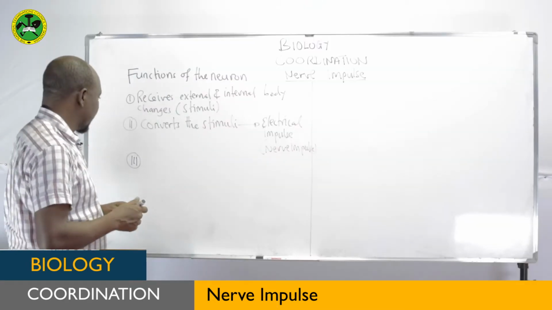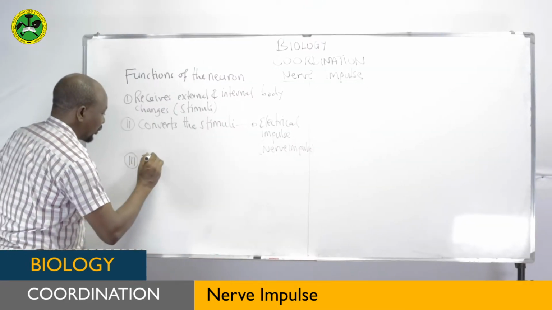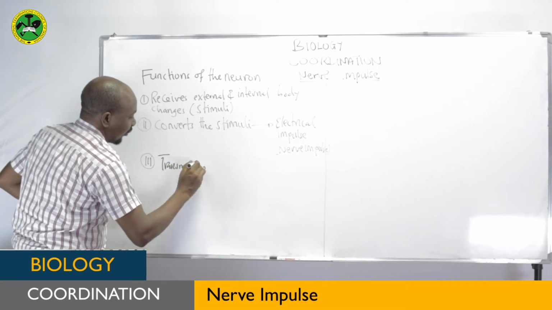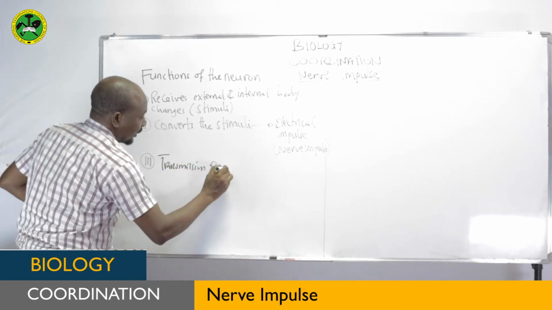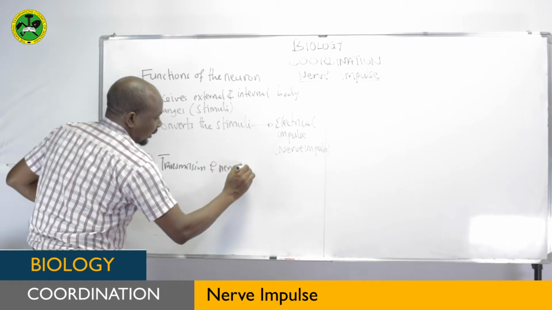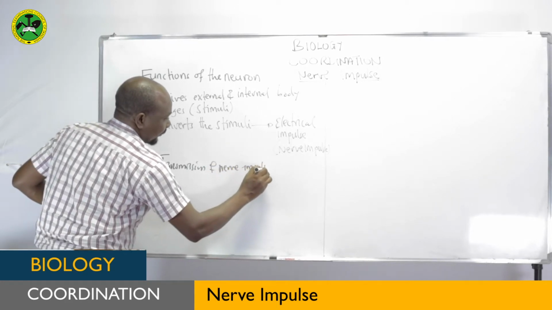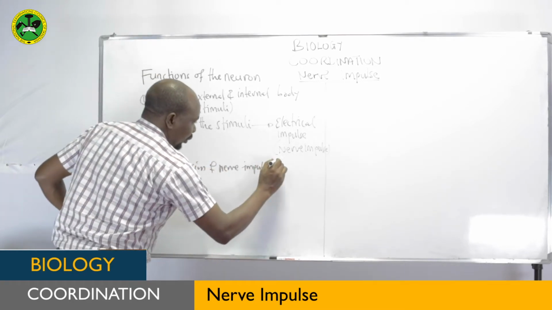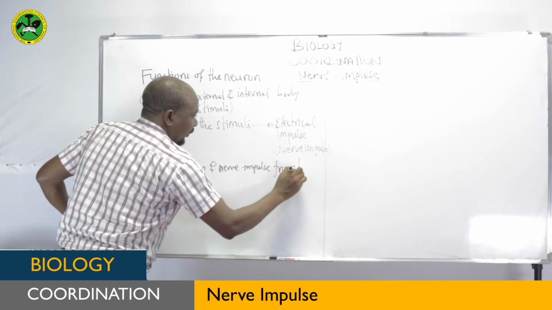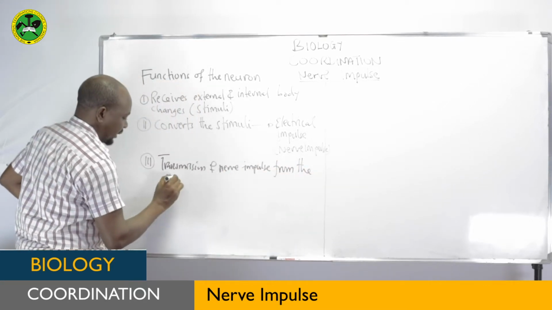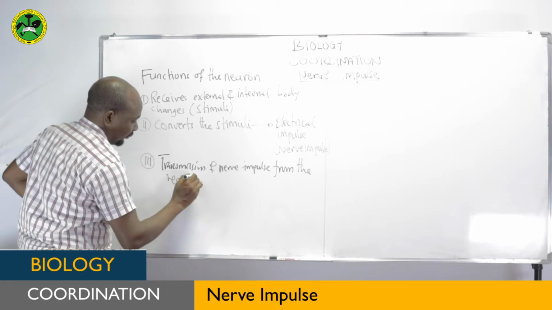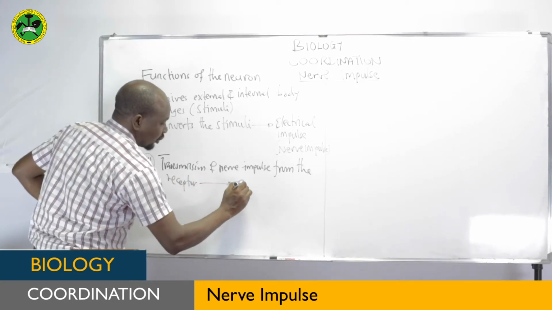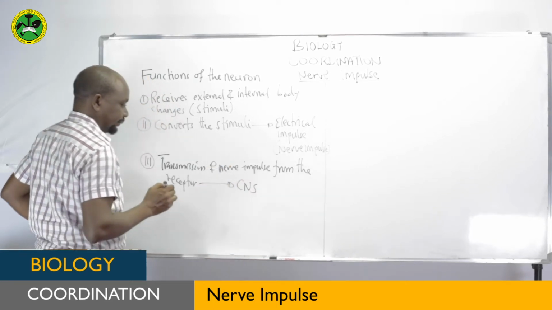Then the third function is transmission of the nerve impulse from the receptor to the central nervous system.